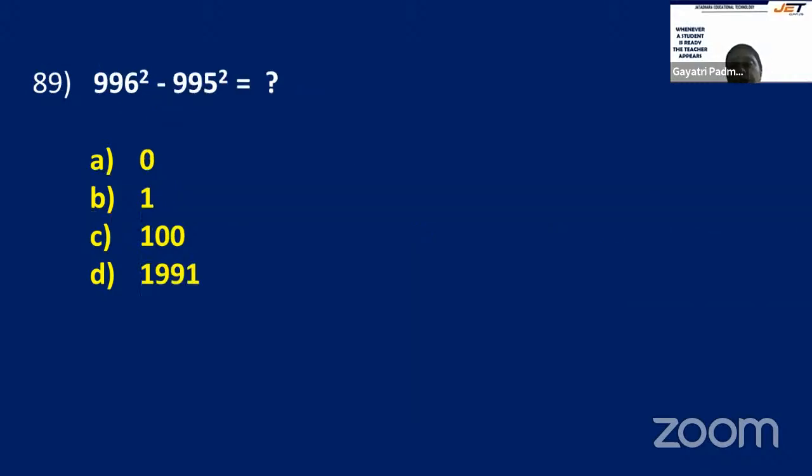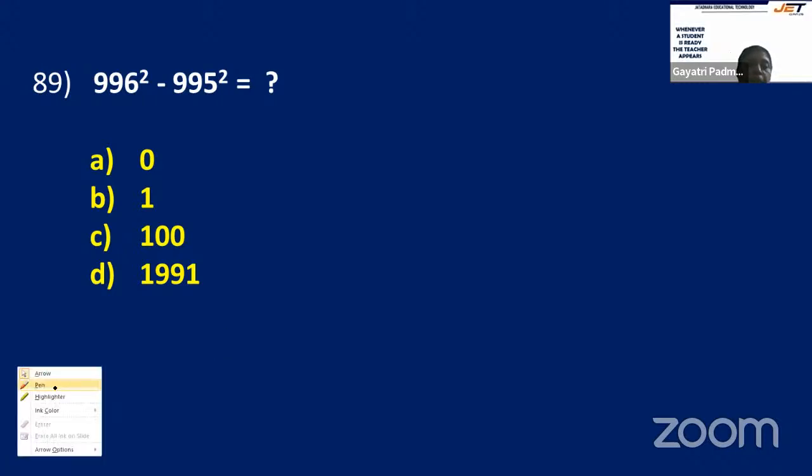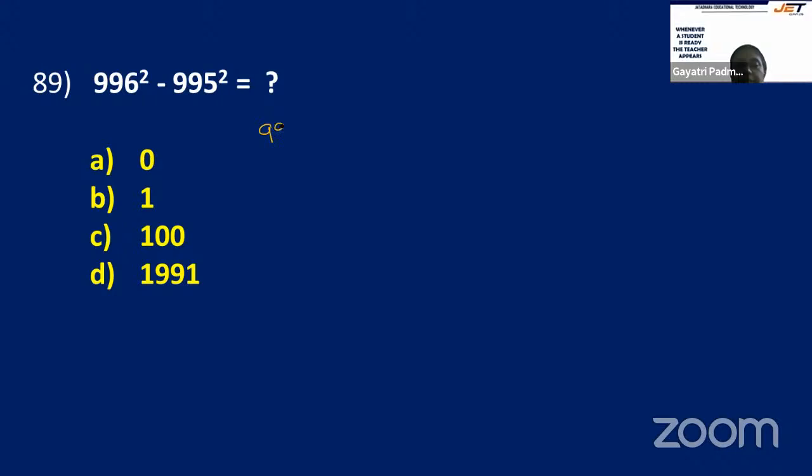We have the 89th question, 996 the whole square minus 995 the whole square. So there is one easy method of doing this, whereby 996 can be written as 995 plus 1, isn't it? The whole square. And minus 995 the whole square.